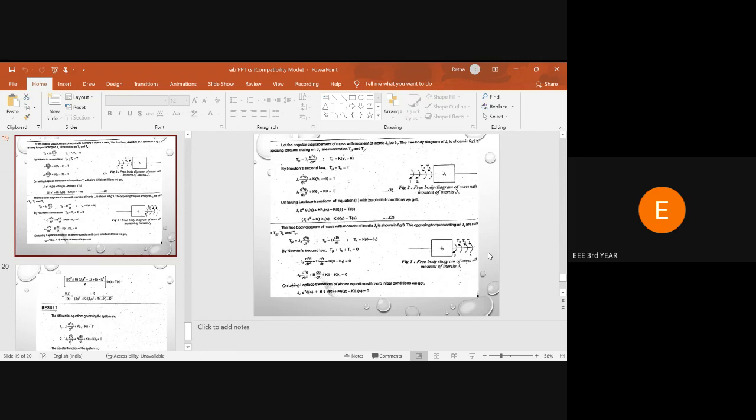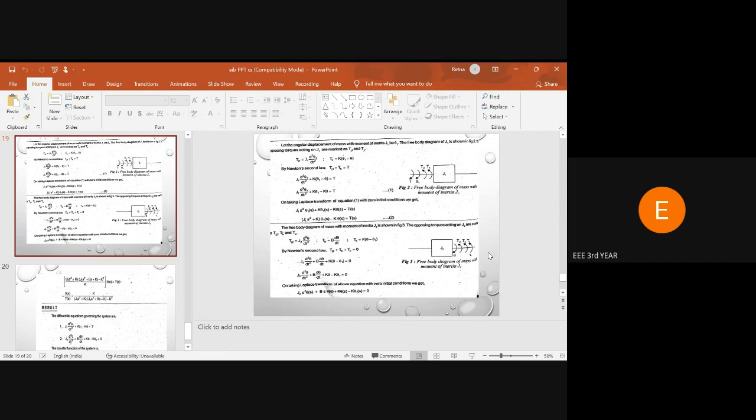Substituting these, we get J1 s square theta 1 of s plus k into theta 1 of s minus k into theta of s equals T of s. So J1 s square plus k into theta 1 of s minus k into theta of s equals T of s. This is equation number 2.